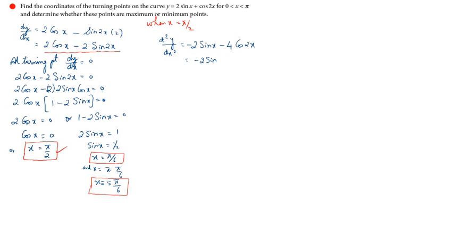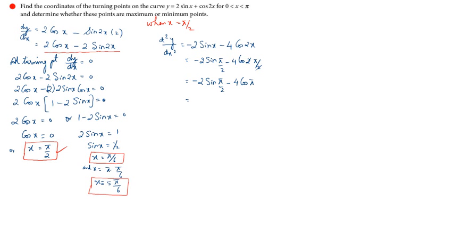sine, we will substitute the value for x. Sin x at pi by 2, minus 4 cos 2 pi by 2. The 2 and 2 get cancelled. So this is equal to minus 2 sine pi by 2 minus 4 cos pi.